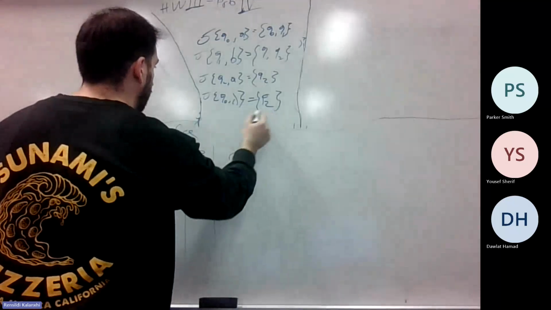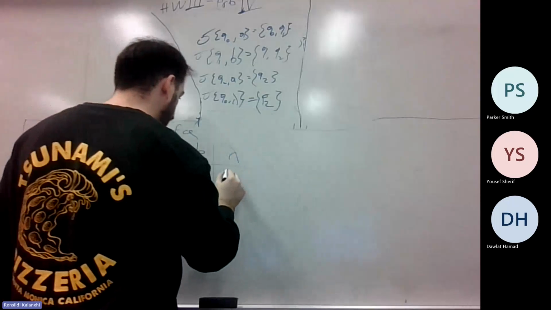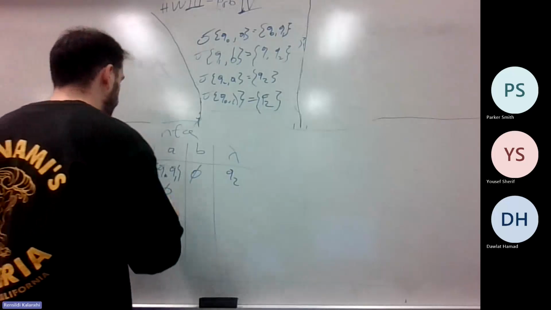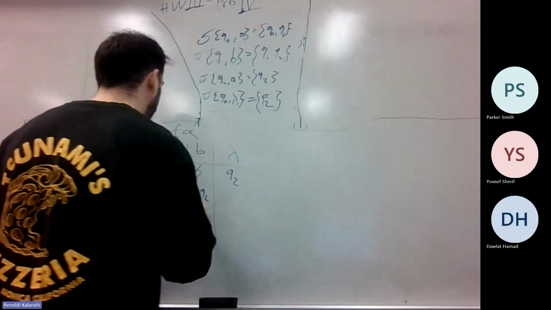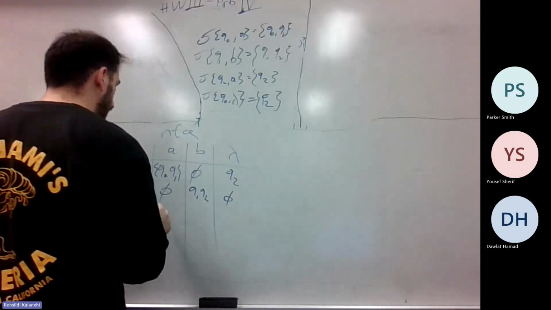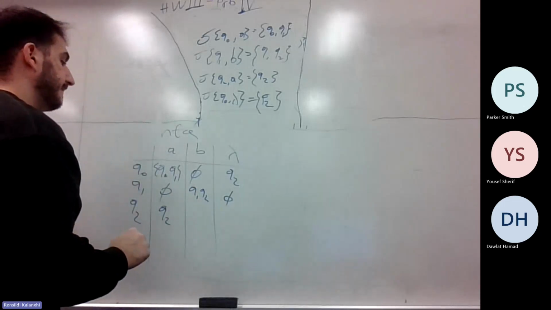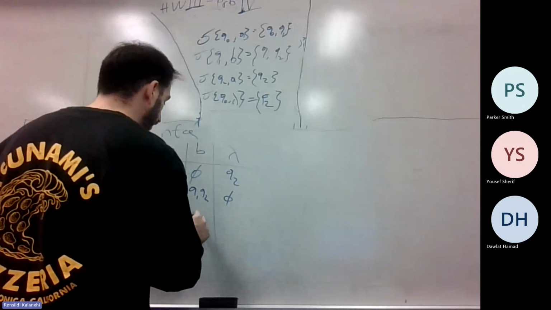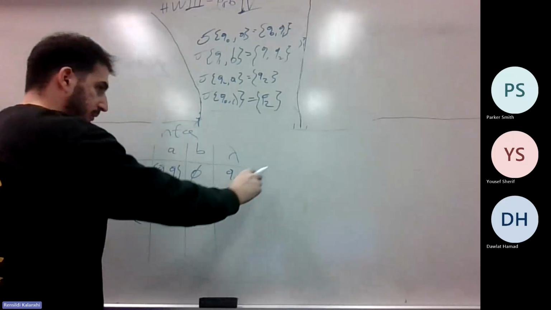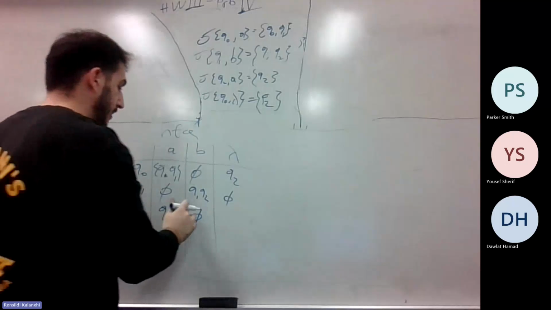Nothing on B, but it's doing a lambda transition to Q2. Q1 doesn't have anything at A, at B has Q1, Q2. And Q2 has an A transition to itself. So far this may not be exactly correct, but when I draw the table, we're going to fix this more.